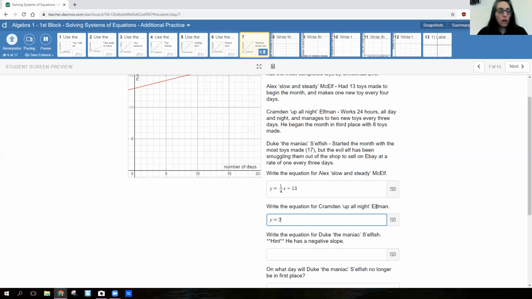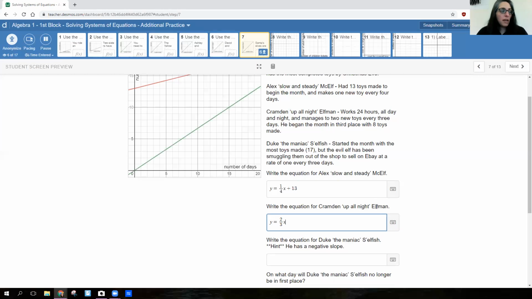So 2/3 x. He did start out the month with some toys already made, and that was 8. So we're going to say plus 8. All right, good. So normally that would be the end, but we've got one more elf to talk about here.